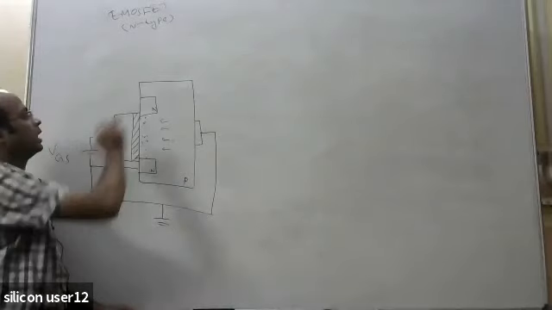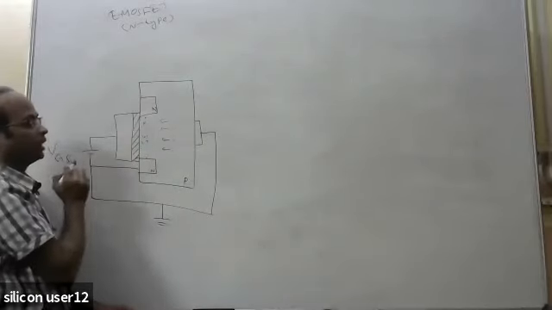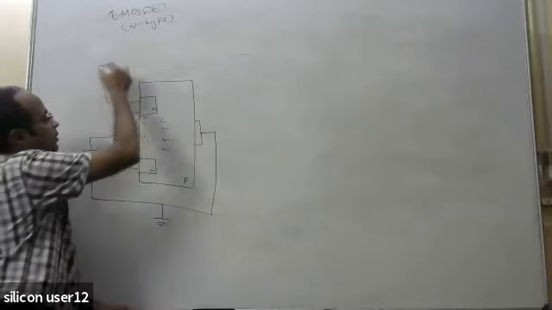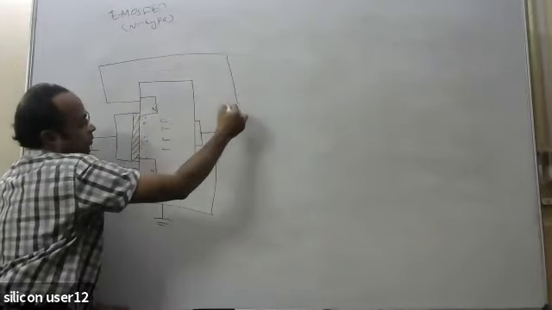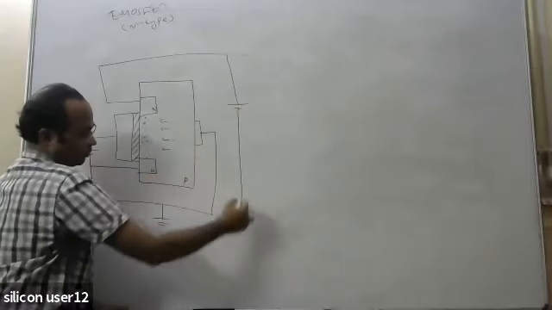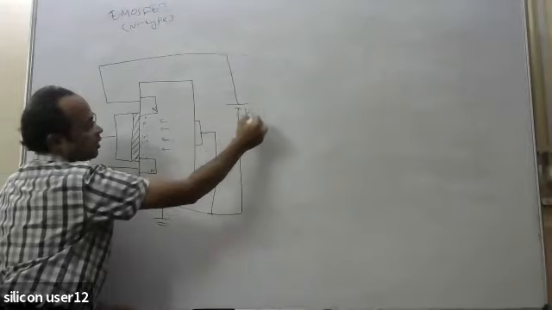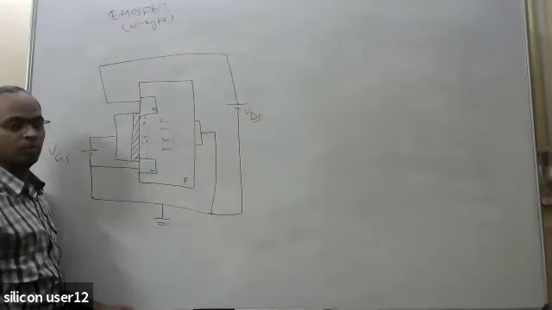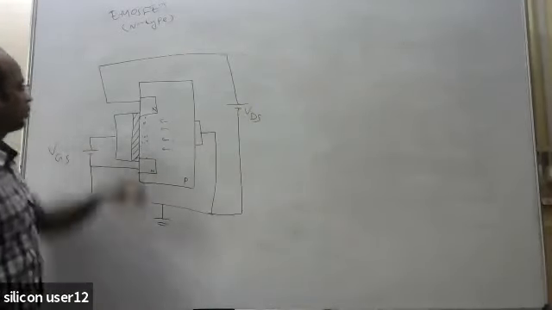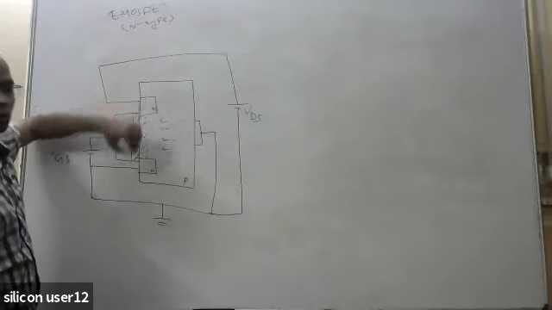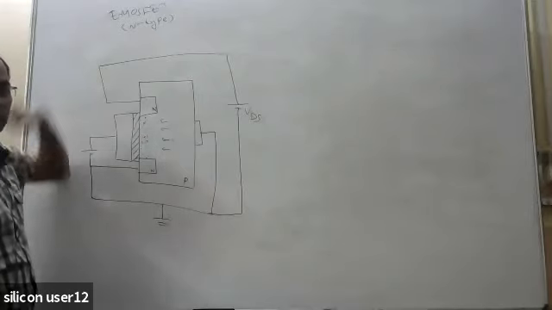Now if I apply a positive drain voltage with respect to the source, a particular VDS value, this terminal will try to pull the electrons. So electrons will move from the source side to the drain side.